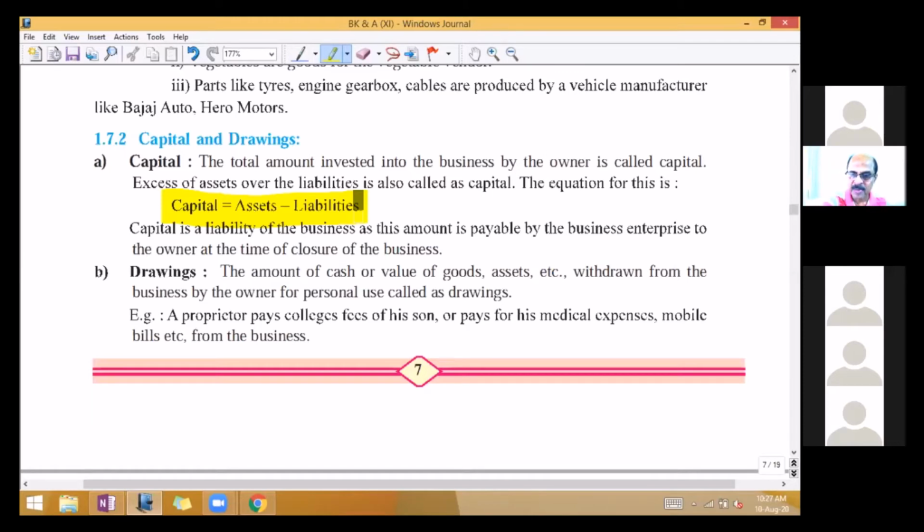If you make a list, he has many things. He has aeroplanes, he has ships, he has land, buildings, offices, a lot of things. But if he has borrowed a lot of money, his net worth may be very, very little. So don't look at only assets and declare a person is rich or his net worth is a lot. There could be one salaried person who earns 1 lakh rupees per month.